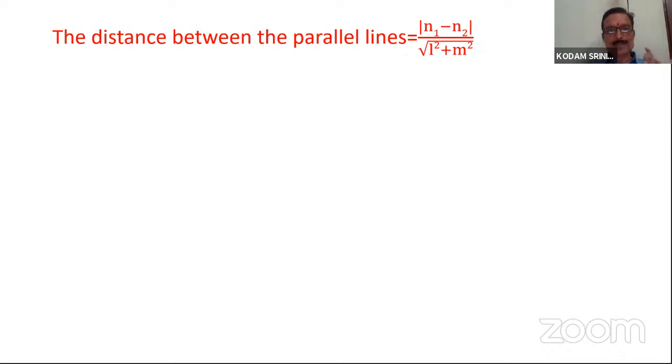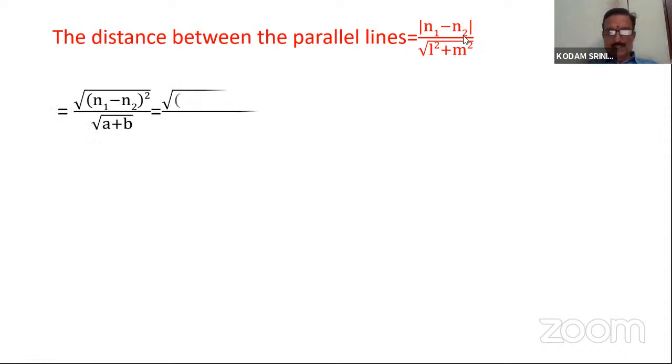If those two are parallel lines, then the formula for finding the distance between them will be modulus of n1 minus n2 by under root of L square plus M square. We have studied this formula in our previous chapter, the chapter on straight lines, so we are using the same formula.